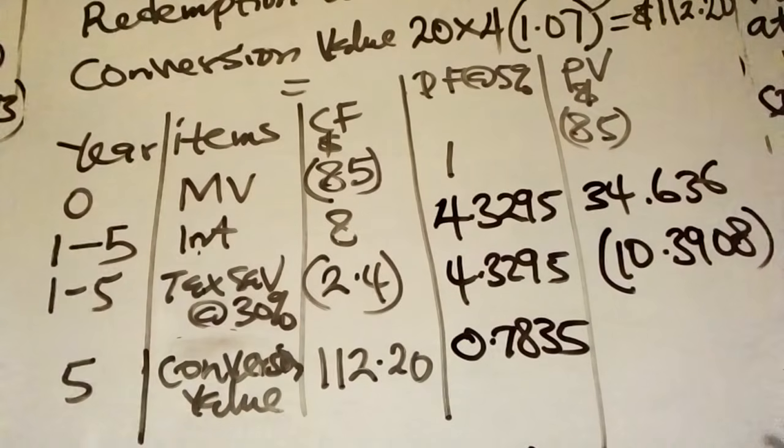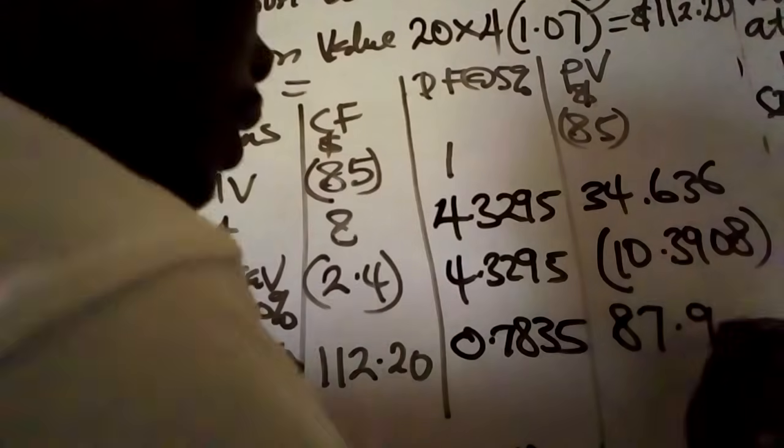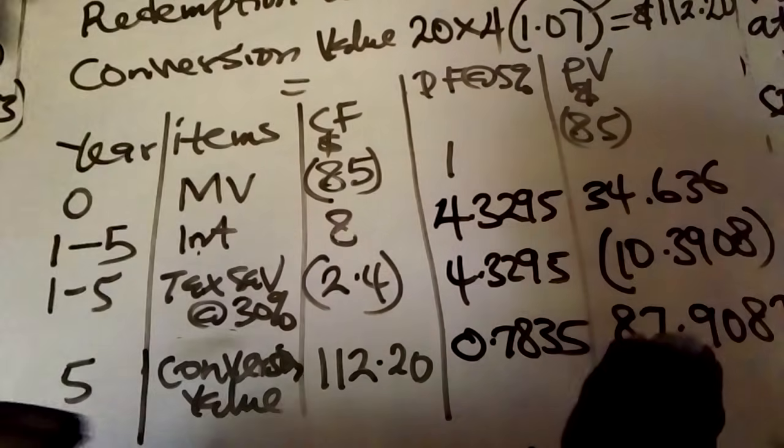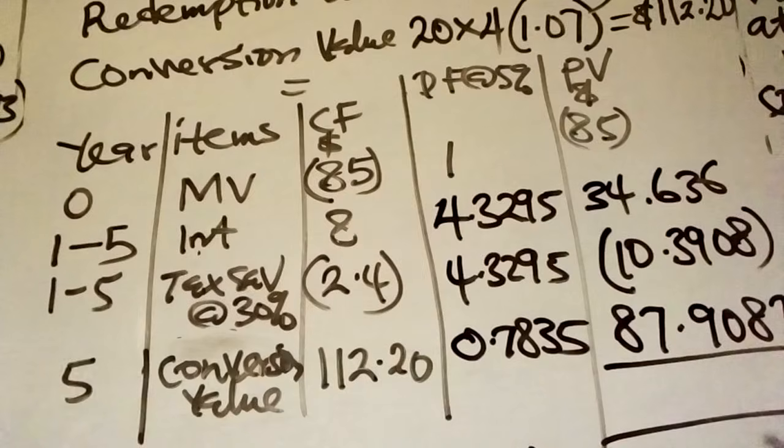Then in the 5th year, you have 112.20 times 0.7835, and that will give us 87.9087. So the net present value will be minus 10.3908 plus 34.636 minus 85.